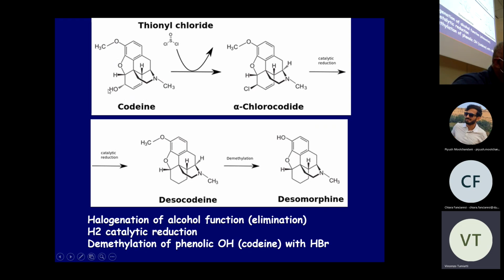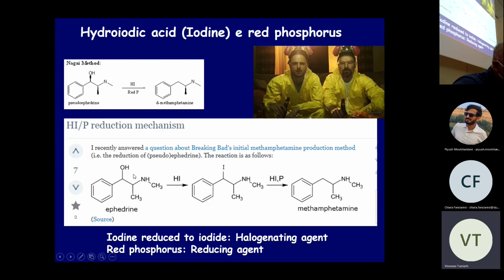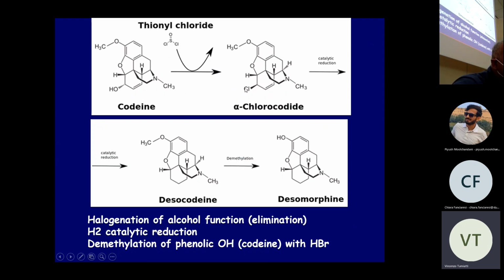We transform this OH into a halogen. The same as you see OH into iodine, OH into chlorine. And then reduction, in the other case red phosphorus, in this case hydrogen, and you have the complete reduction of the carbon atom to CH2.